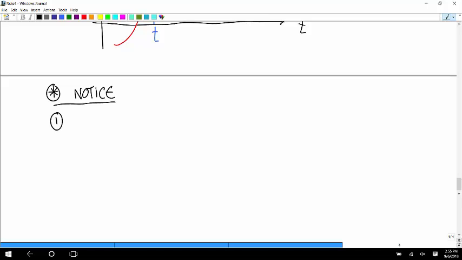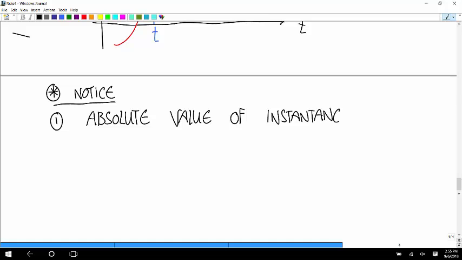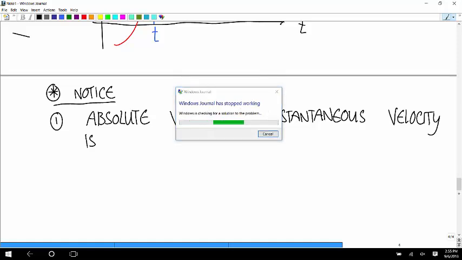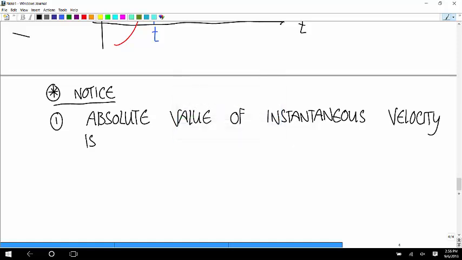The first one is that the absolute value of the instantaneous velocity is the instantaneous speed.